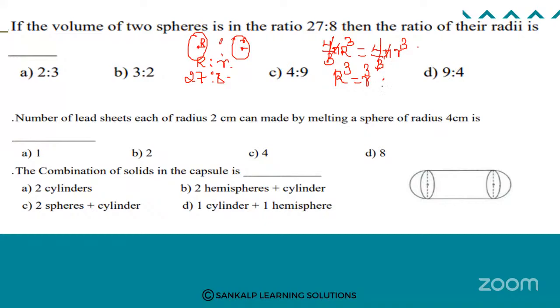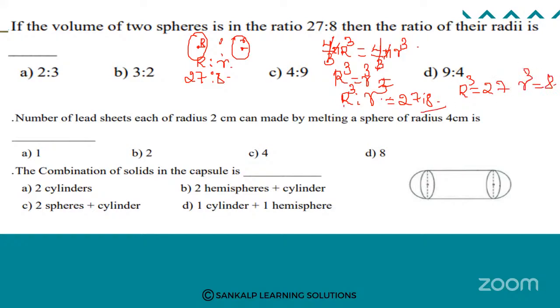Now, R cube is to r cube, that is 27:8. Now, what is the value of R? R cube is equal to 27 and r cube is equal to 8 here.